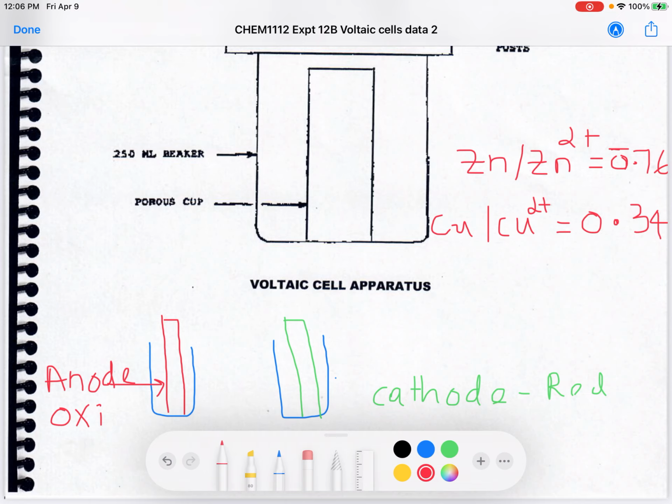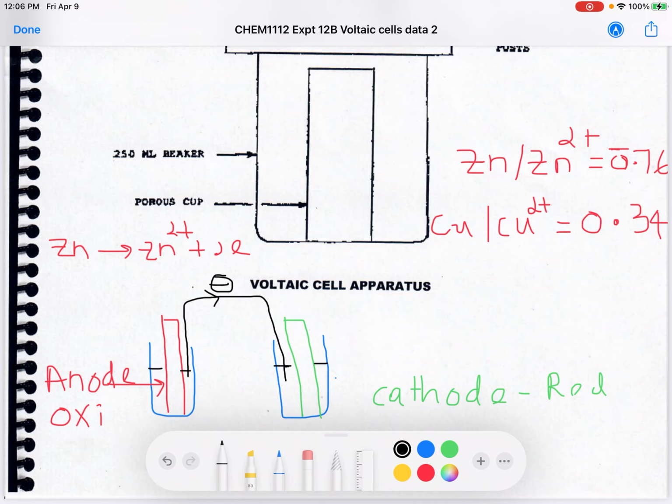So what is happening in the zinc electrode? Zinc oxidizes to give you zinc 2 plus and 2 electrons, and these 2 electrons that are generated here move to the other electrode.